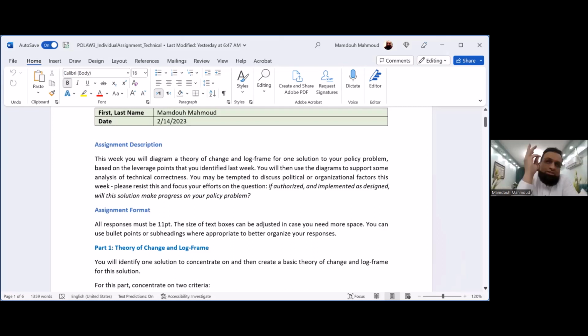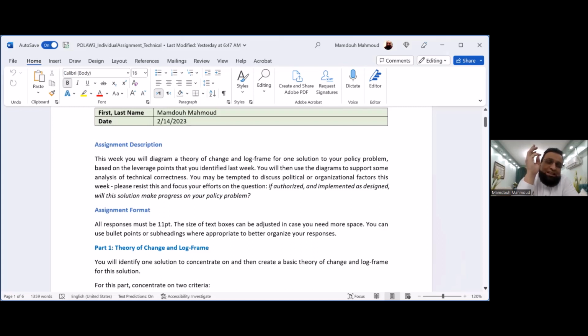It needs to be politically supported. Repeat that within yourself. Politically supported. Technically correct, politically supported. Organizationally implementable. It needs to be easy to implement.